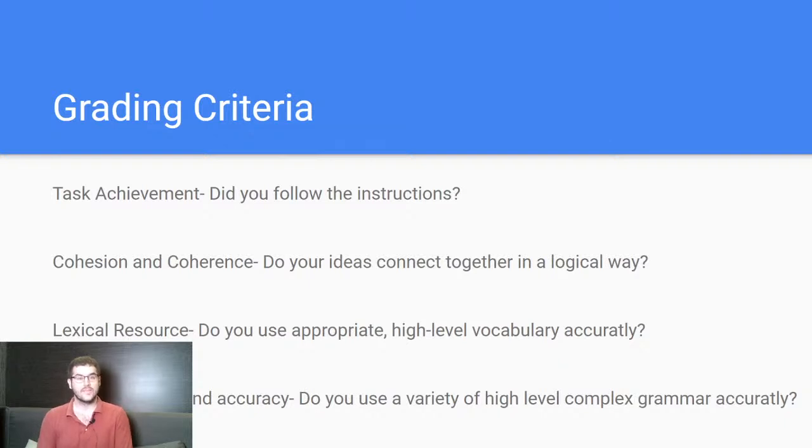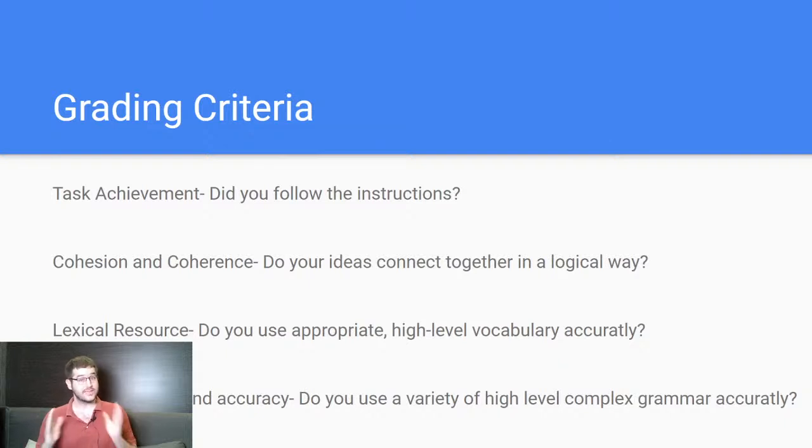So there are 4 sections that they will grade you on. First is task achievement. This is, did you follow the instructions? Did you write 150 words? Did you describe the changes and the locations on the map? Second, we have cohesion and coherence.